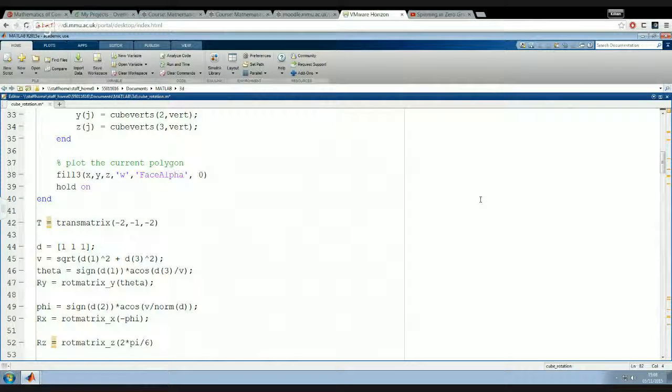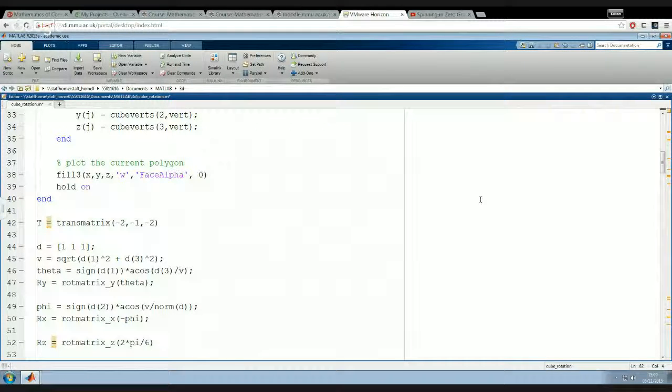In these lines, I get the angle theta from d1, d3, and v. The parts d1 and d3 are the dx and dz, so they're both 1 in this example. v is the square root of the sum of the squares. So v is, as in the notes, the length of the projection of that vector down onto the xz plane.